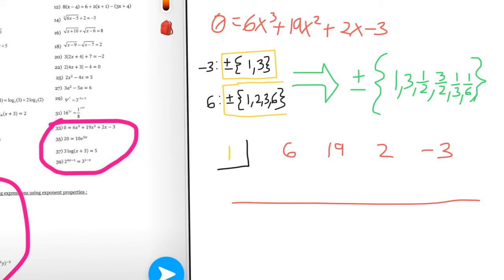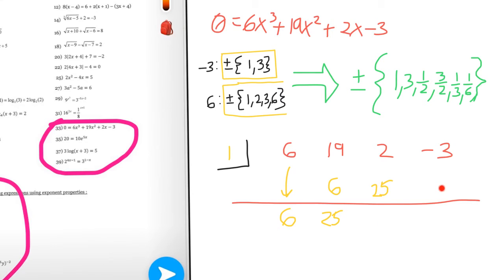Let's try out 1 as a first thing that we could do. So 6 drops down immediately. By the way, that's always going to happen. So 1 times 6 is just 6. 19 plus 6 is 25. 1 times 25 is 25. Now I can already tell, this is going to be 25 plus 2, which is 27.